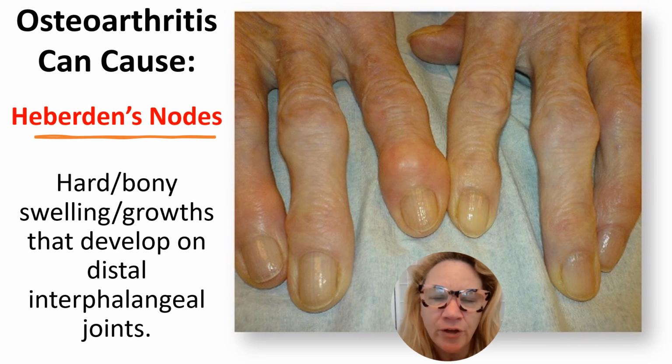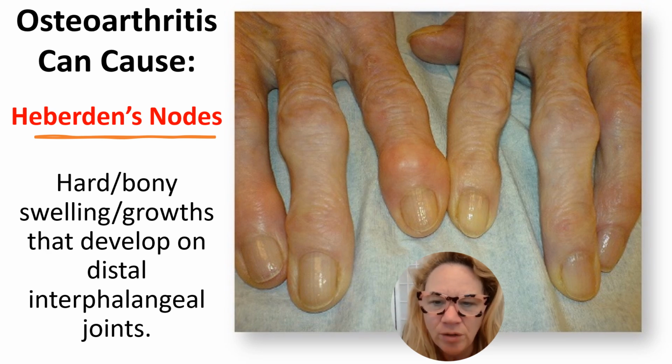Osteoarthritis can cause other medical issues, such as what you can see with these hard, bony swellings and growths on the interphalangeal joints of this woman's fingers. When these hard bony growths are on the distal interphalangeal joint, they're considered Heberden's nodes.